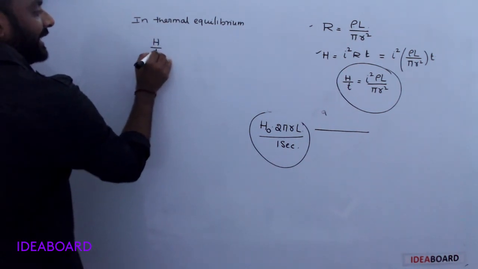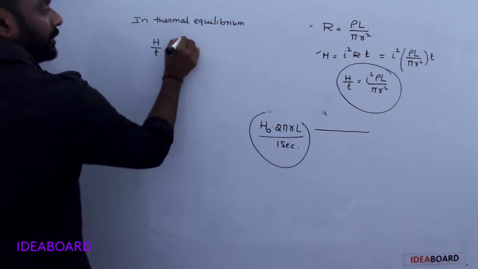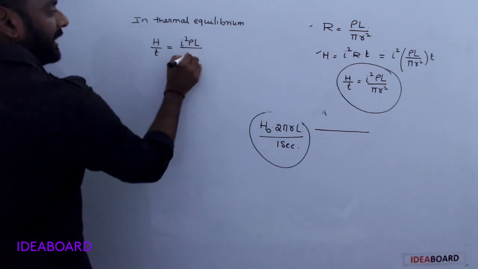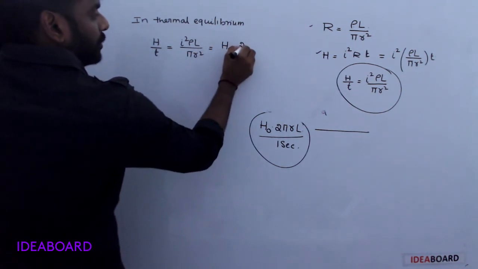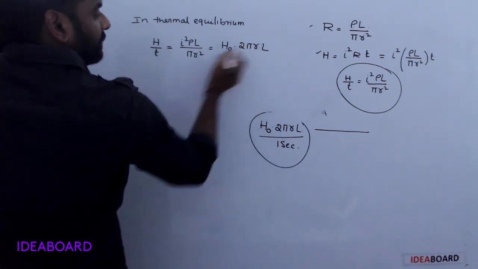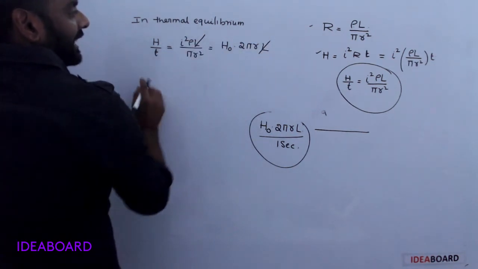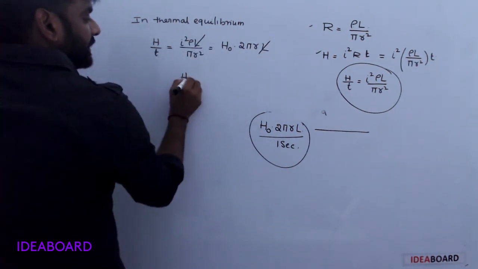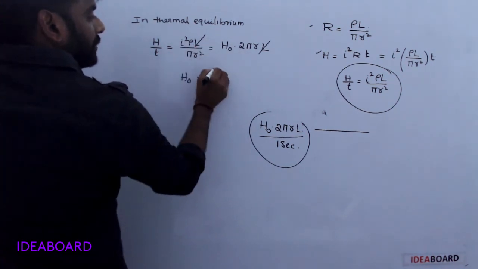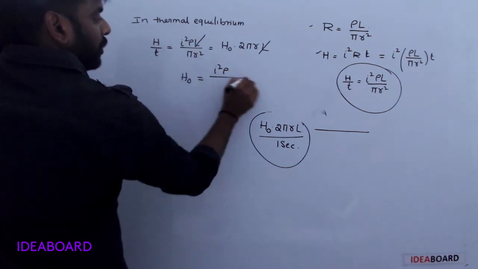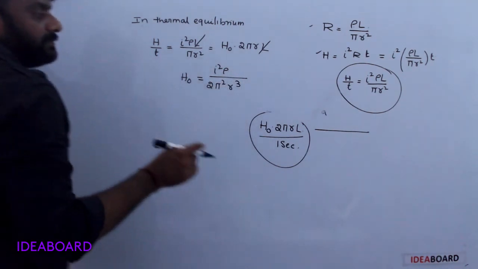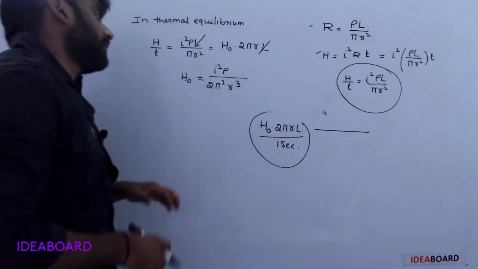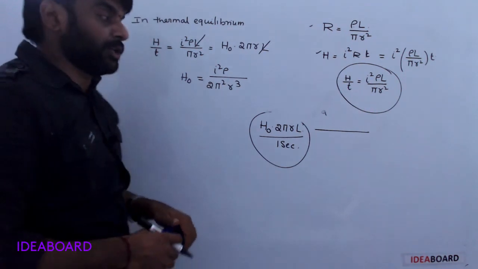H by t is equal to I square R, that is rho L by pi r square, equal to H naught into 2 pi r into L. On both sides, L cancels. H naught is equal to I square rho by 2 pi square r cube.